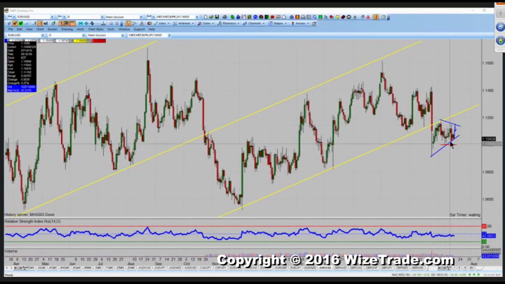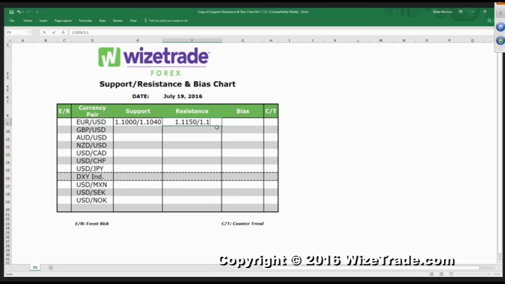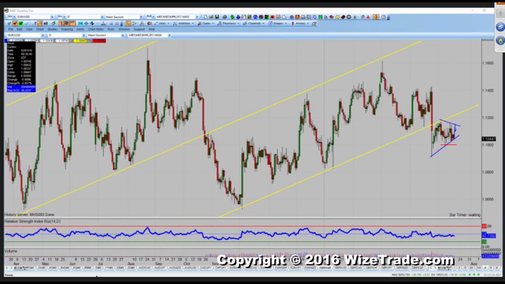Or actually I should probably write down 111.80. So, okay. I still have a bearish bias in the cable. Whoops, or in the euro. Bearish. Okay, so let's go over to the pound.